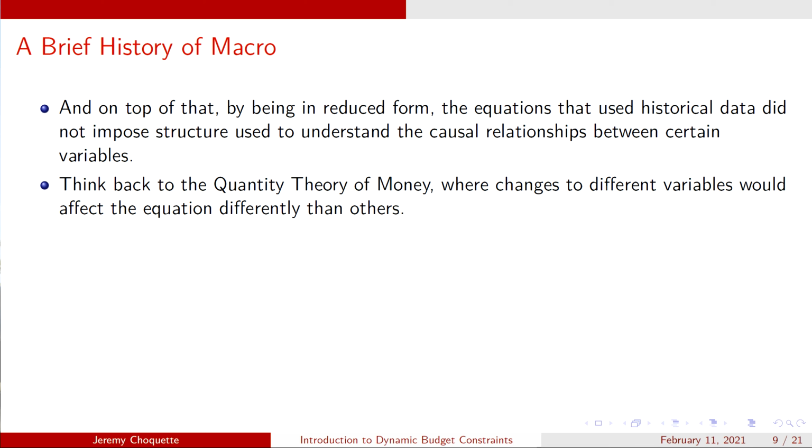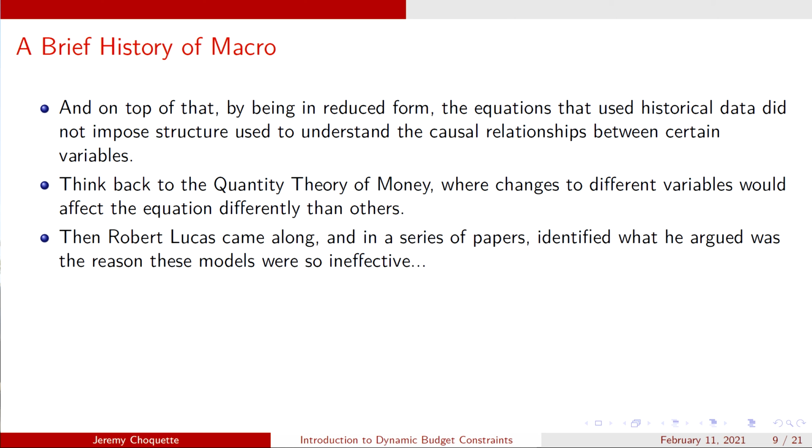If we think back to the quantity theory of money, where some people were criticizing it, changes to different variables could affect the equation differently than others, and a lot of it would be because some of these variables in the quantity theory of money are technically left-hand side variables of other equations. There are data generating processes for these things which aren't being captured. So if we're not including that in the quantity theory of money, we can have some problems.